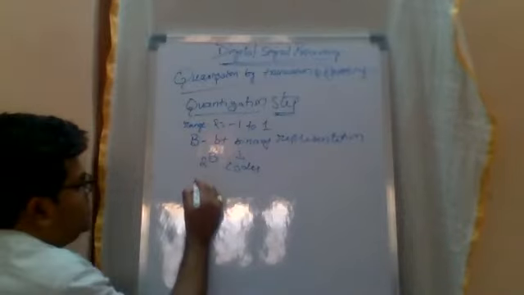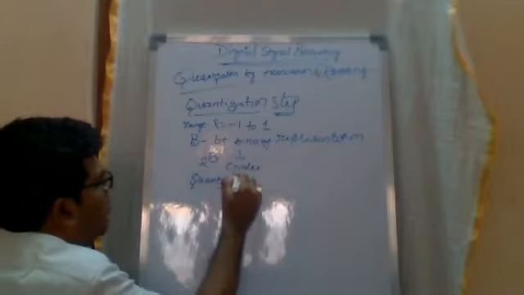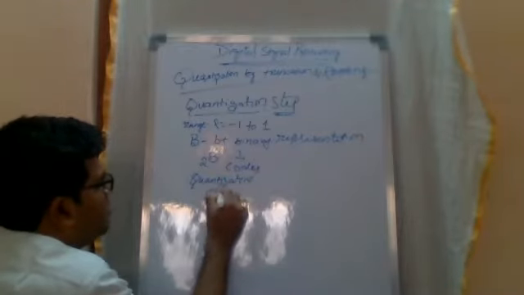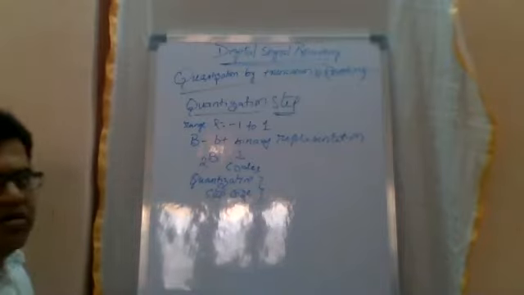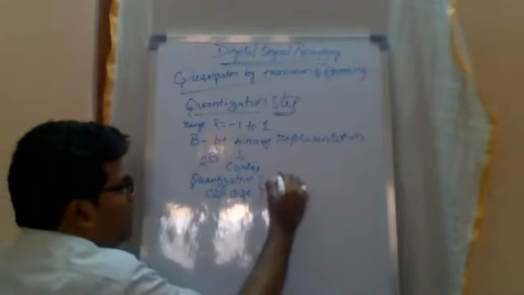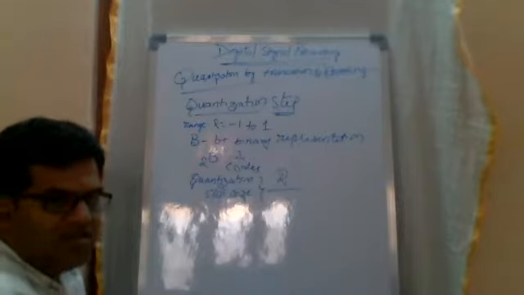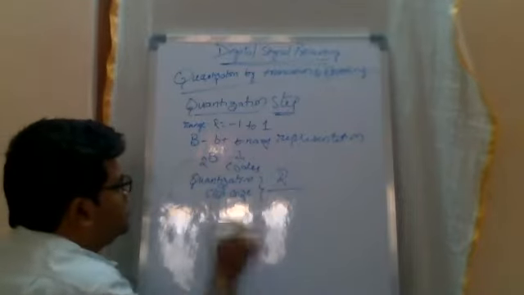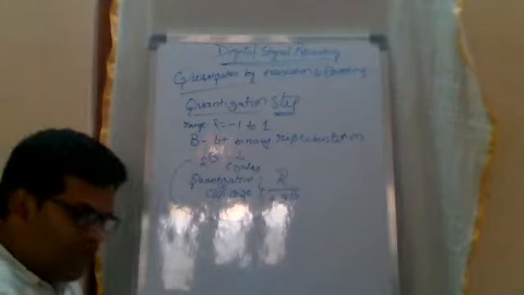So the quantization step size can now be defined as the ratio of the range to the number of codes that you are considering, 2 to the power of b.